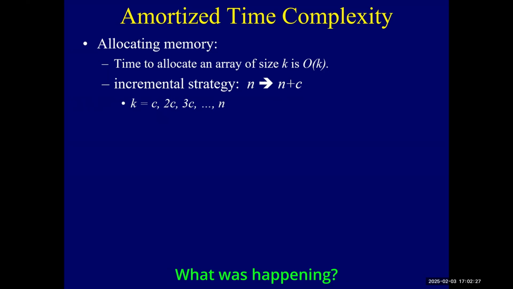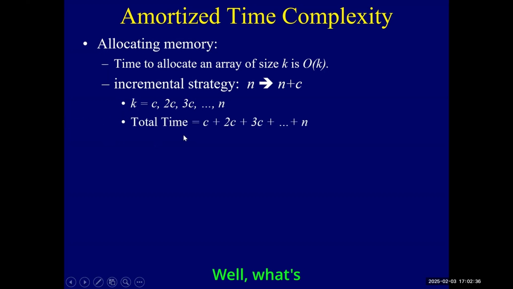What's happening? Every c insertions we have to do an update. Well, what's the total time? This update cost me c, and this update cost me 2c. The last one, I was getting an array of size n, and it cost me n. So the total is 1 plus 2 plus 3 up to n over c, times c.